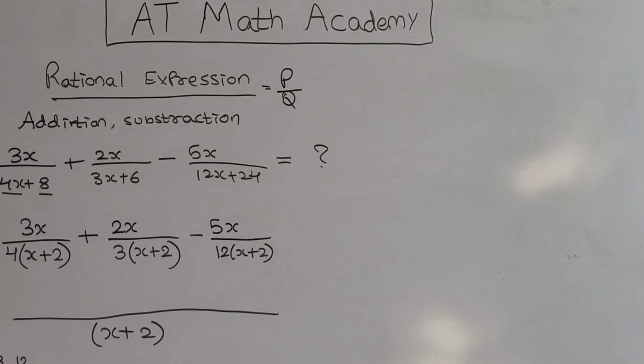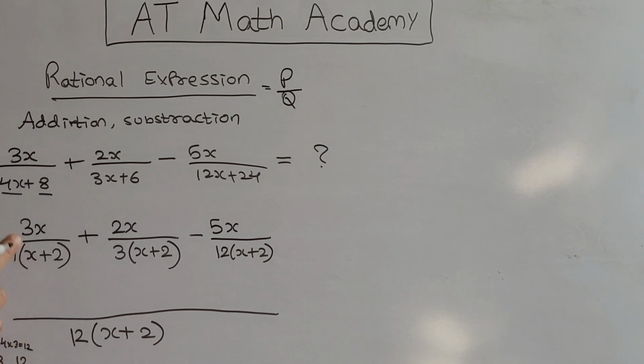And for 3, we take 3 times 1, which is 3. Until we get 1, 1, 1, we need to continue. Now the least common multiple is got by multiplying these numbers, which is 4 into 3, which is 12. So the common denominator for these three terms will be 12 into x plus 2.